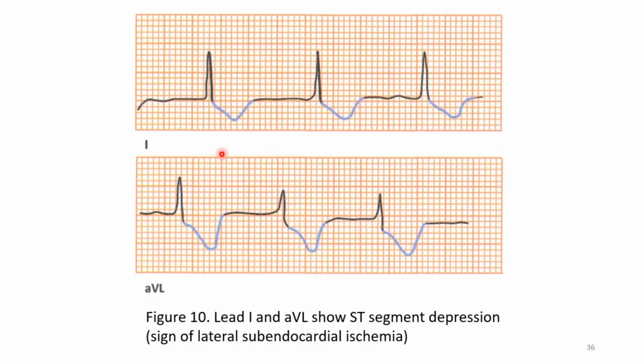You can see here ST segment depressions, P, QRS, T, ST depression can be followed here in a lateral subendocardial ischemic patient in lead V and lead augmented voltage left. ST segment depressions are followed here and here.